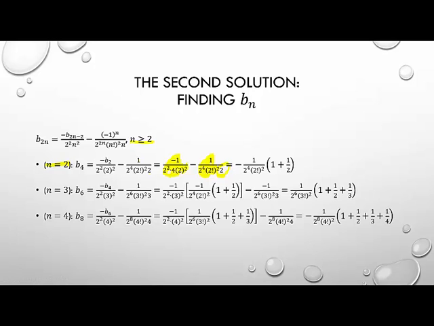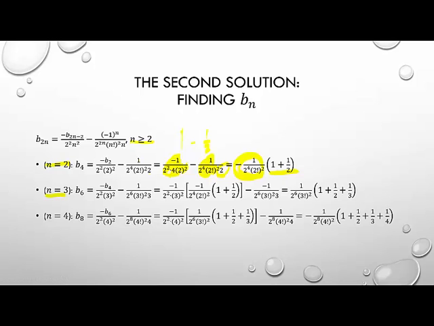So if we factor out this negative 1 divided by 2 to the fourth times 2 factorial squared, we're going to have a 1 left here minus a 1/2 left here, and so that's what you have factored out. Might seem strange, but that's how the pattern is going to come up.